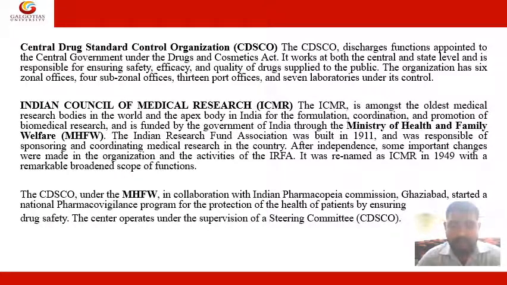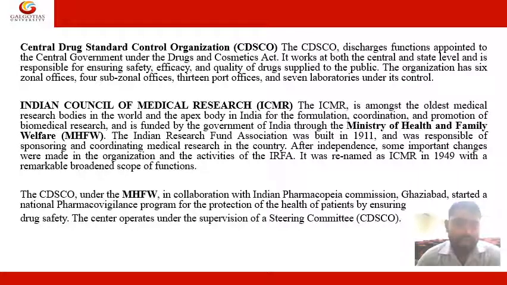The organization has six zonal offices, four sub-zonal offices throughout the country, 13 port offices, and seven laboratories under its control, which are used for testing and whatever other work related to drugs is performed.